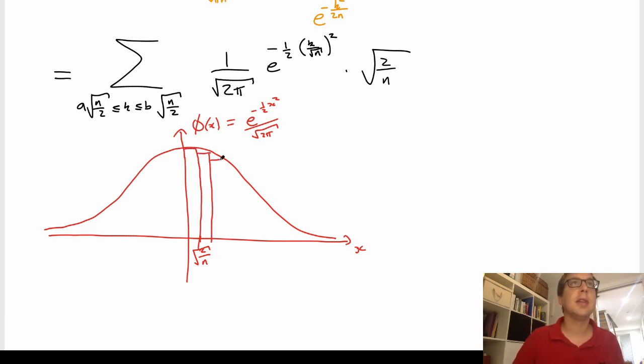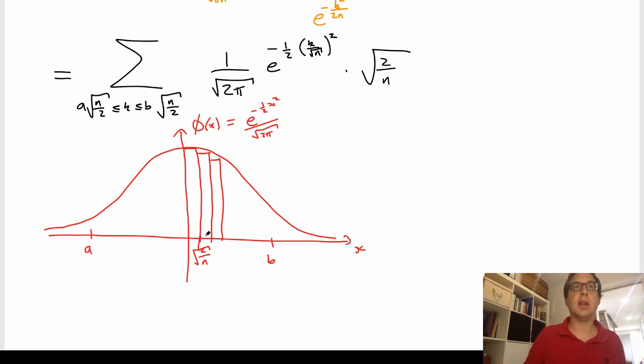We're taking all the rectangles between B and A, splitting it into rectangles of about size 2 divided by square root of n, and then summing up all these heights, and the height is this. So that's exactly what this summation is doing.